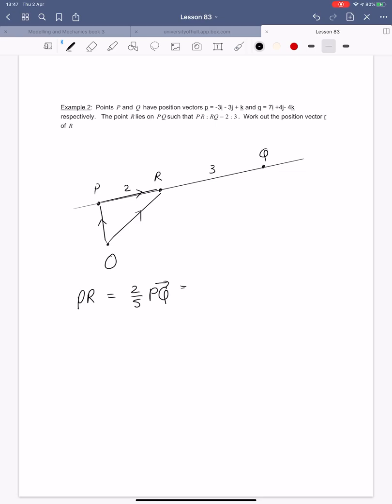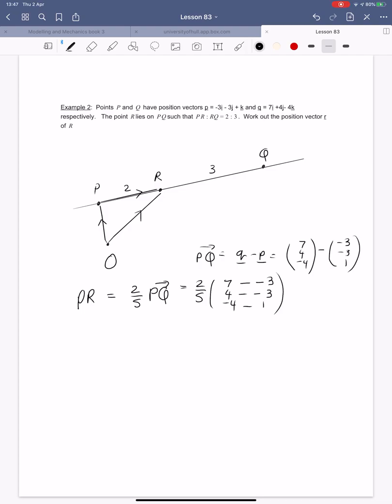So this is going to be 2/5 of Q minus P, which is 7, 4, minus 4, minus 3, minus 3, 1.